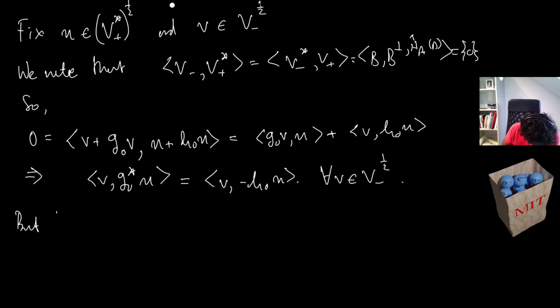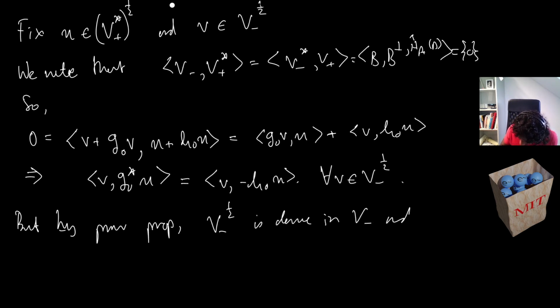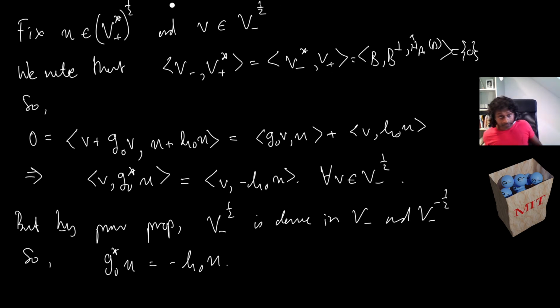But by previous proposition, V minus a half is dense in V minus negative a half. So we get that G star naught of U is equal to minus H naught of U. Okay, so at least this shows us that this map G naught star, when we restrict to H half, is actually an H half bounded map.